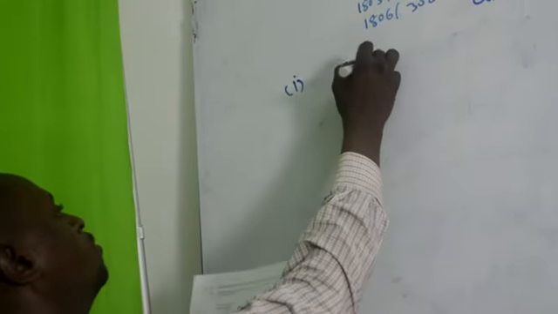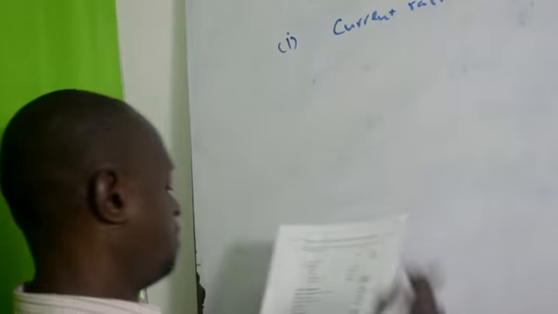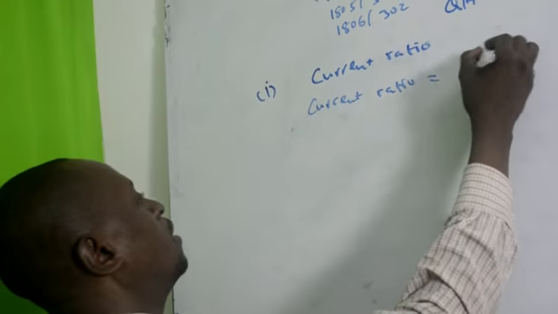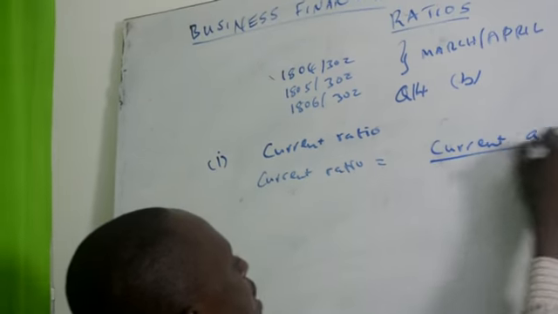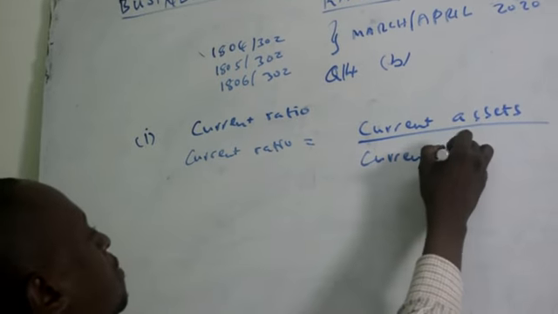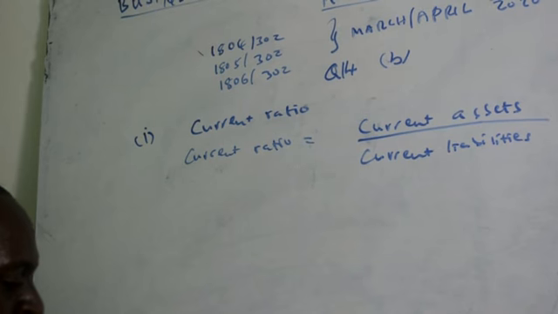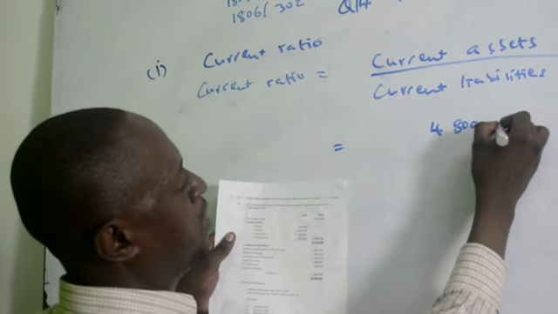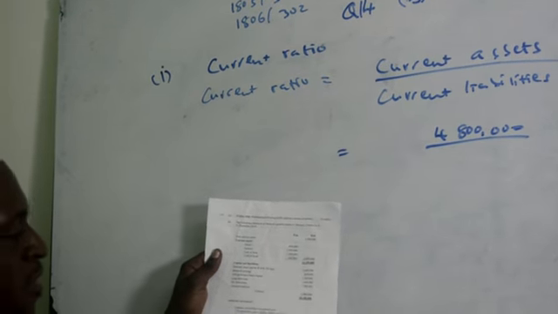Then calculate. Roman 1, we are required to compute the current ratio. So how do we get current ratio? Current ratio, I've said, is current assets divided by current liabilities. Now current assets, the total has been given by the examiner as 4.8 million. Then current liability, we only have one item, that is creditors.